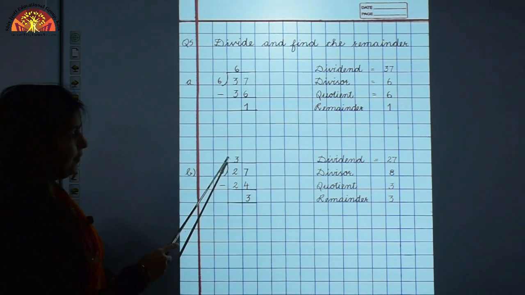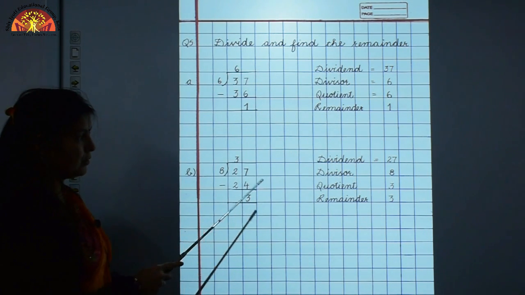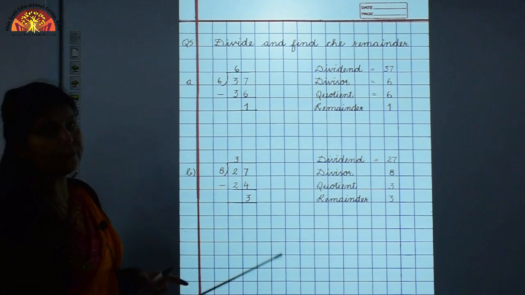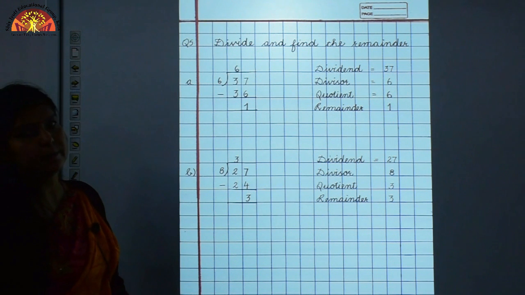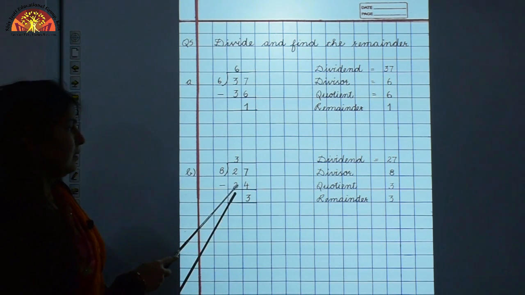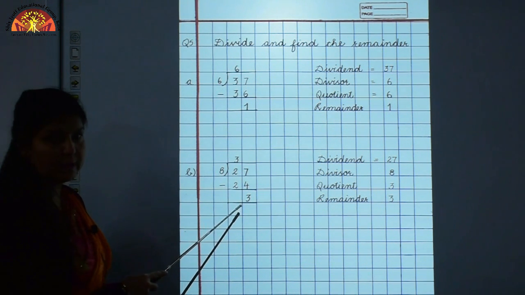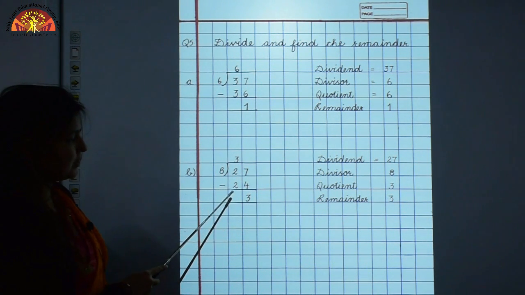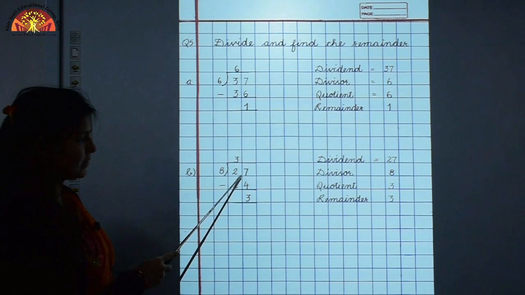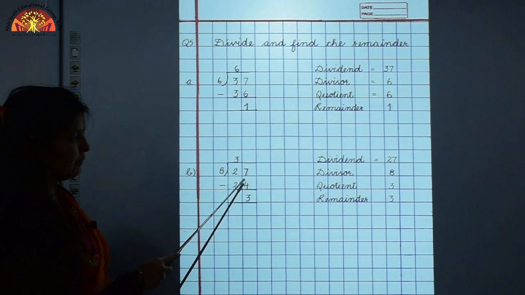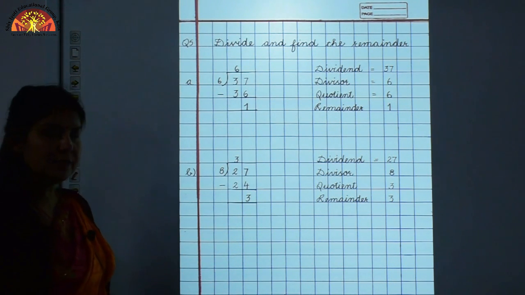Now we will write 3 here because 24 is coming 3 times in the table of 8, and 24 just below the 27. Now we will subtract 24 from 27. It will be 7 minus 4 is equal to 3 and 2 minus 2 is equal to 0.